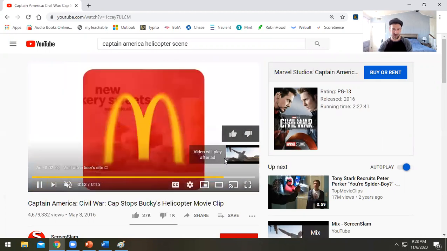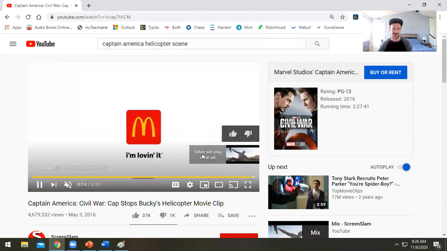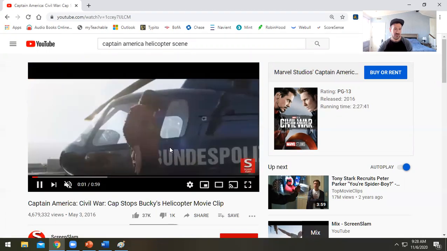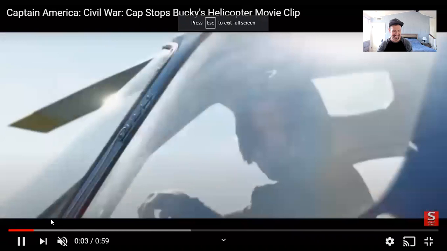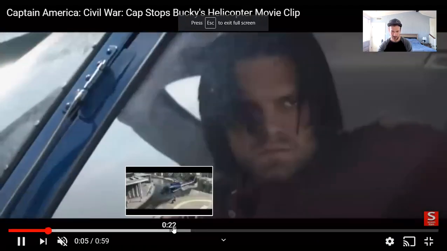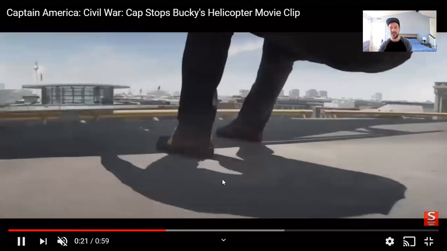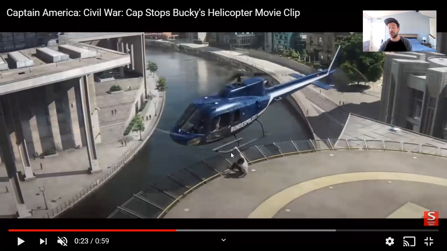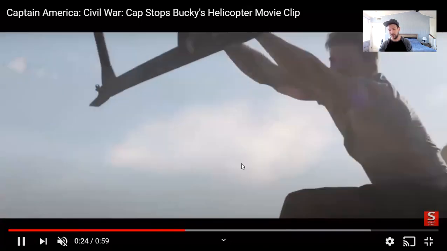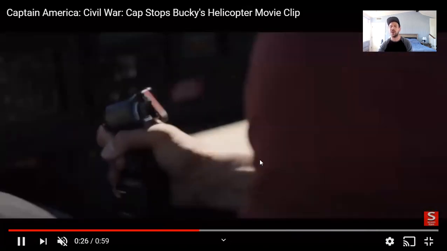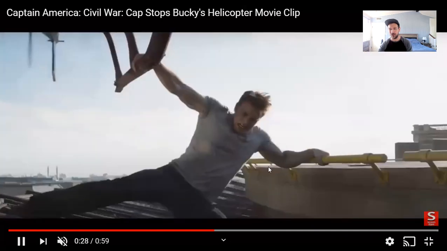So if we get past the McDonald's ad during personal training school, all right, here we go. Skipping forward. All right, so he is eccentrically losing the battle, right? He is trying to hold this helicopter and the helicopter's winning. So that's eccentric, right? Then suddenly, right at the end, he finally gets a little grip.